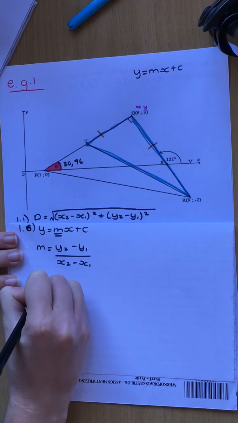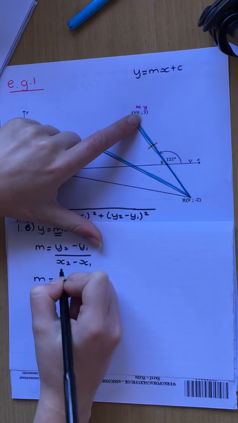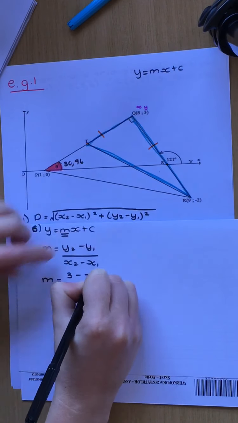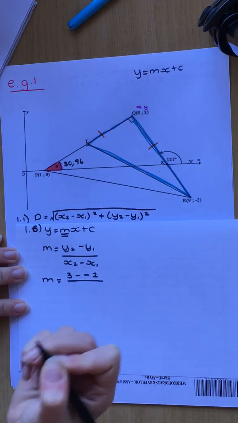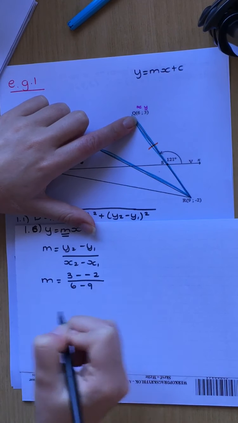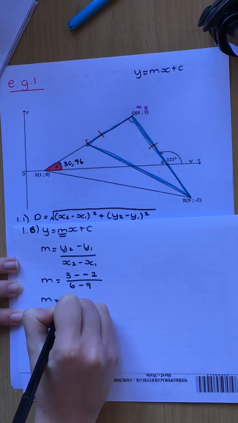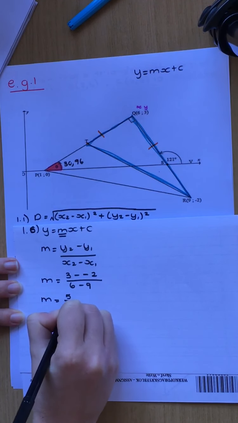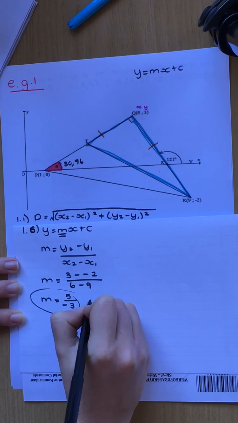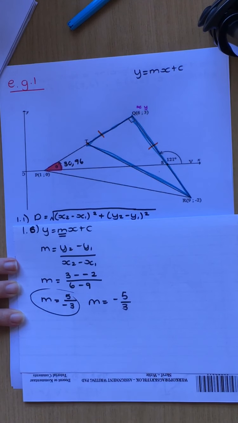Okay, so your gradient between these two lines, if I start with this y, it's going to be 3 minus that y, which is minus 2, so that will become a plus over the x. So it's 6 minus 9. So m is equal to 3 plus 2, which is 5, over 6 minus 9 is negative 3. So your gradient here is negative 5 over 3.